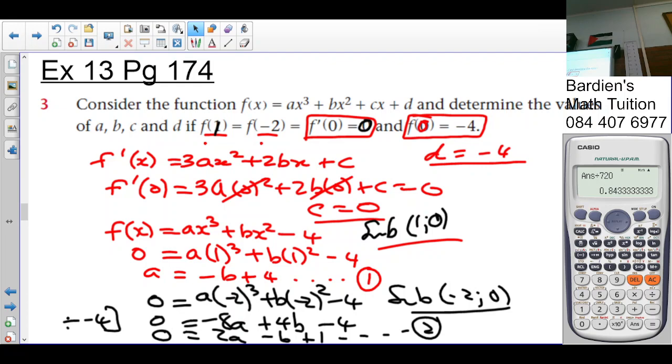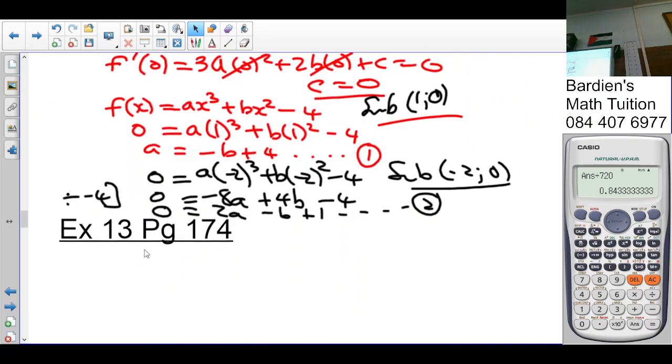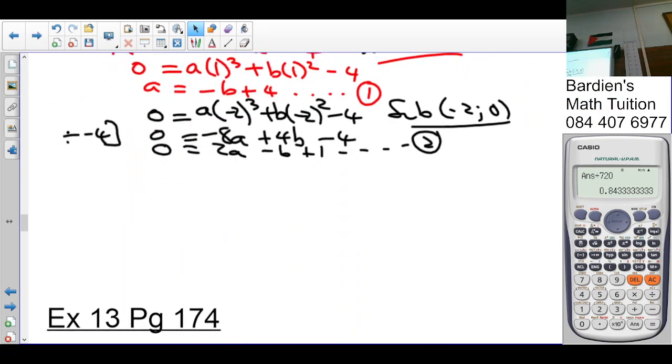Alright, so what I do now is simultaneous equations from here. Equation 1, equation 2. Wherever we see an a, we put minus b plus 4. So we'll substitute equation 1 into equation 2.